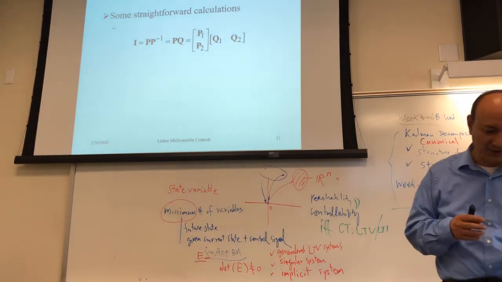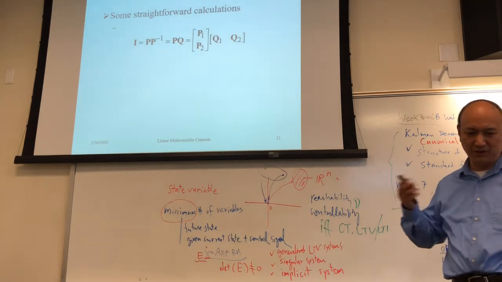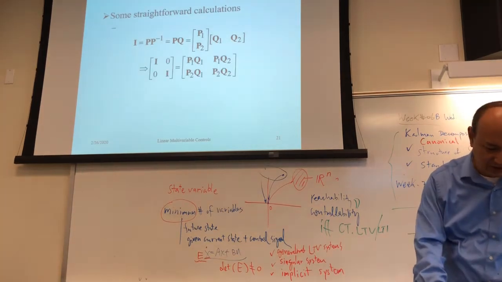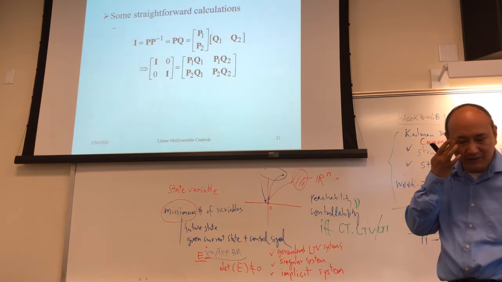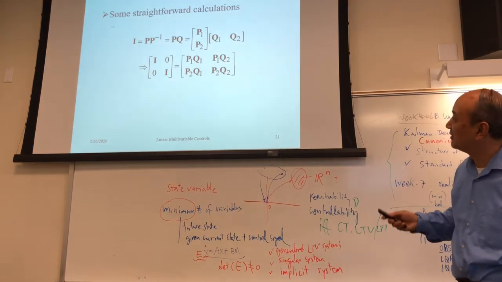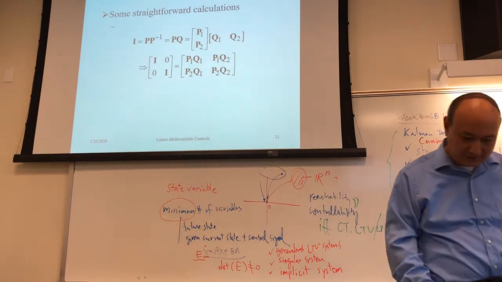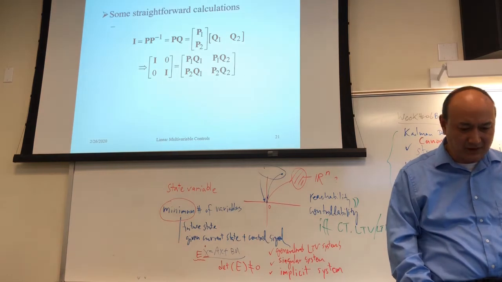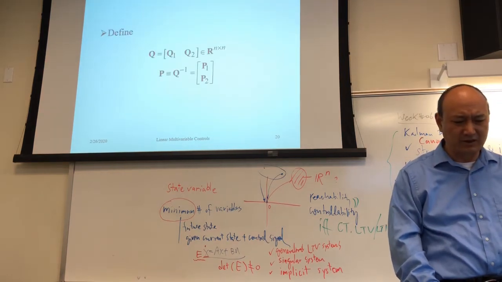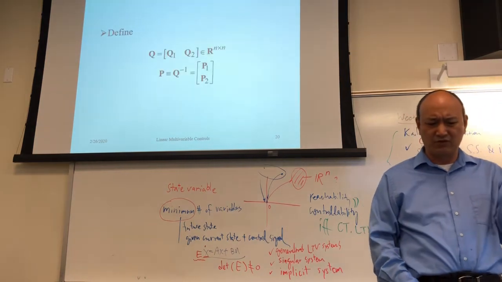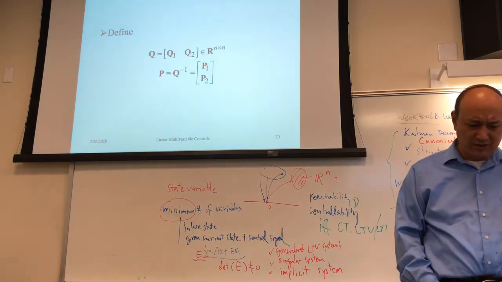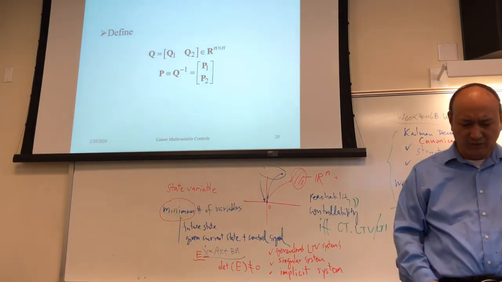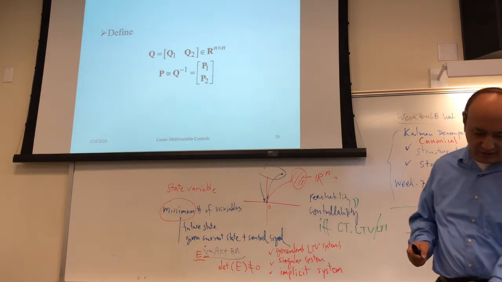P inverse is Q. The reason is you have P1, P2, Q1, Q2. So that means you have this relationship. Is this confusing? Let me do this. So you have Q, constructed a Q. Then you do its inverse. And you partition it into two parts. Okay?